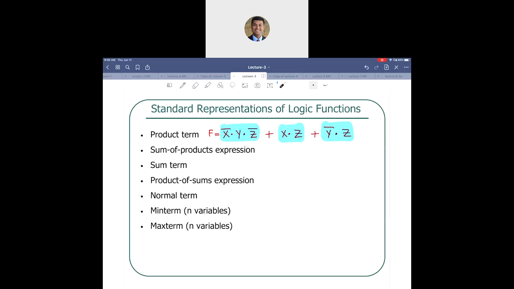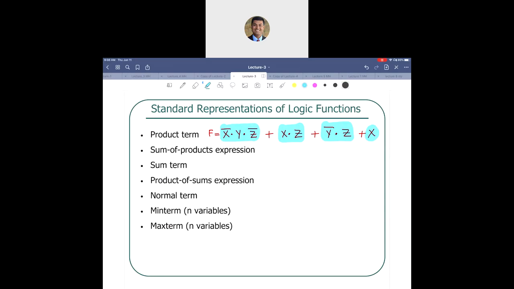And in fact, even if you had just plus X, even that would be considered a product term because it is X ANDed with 1. So all of those are product terms. That's the definition of a product term: input literals getting ANDed together.